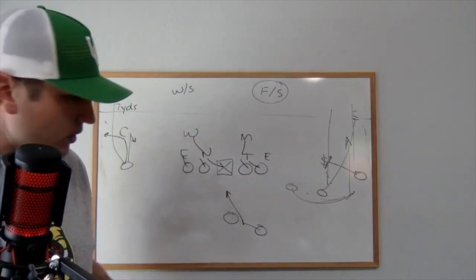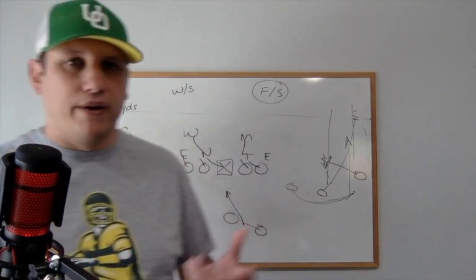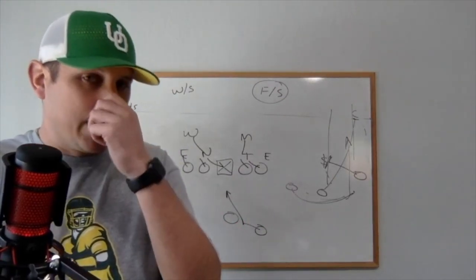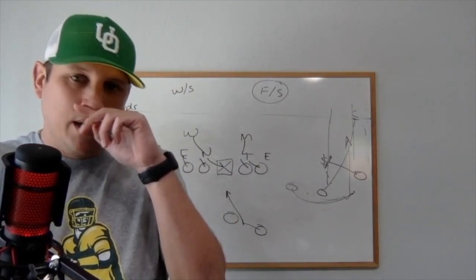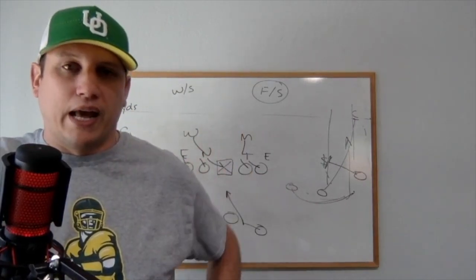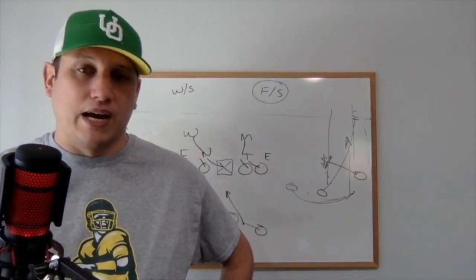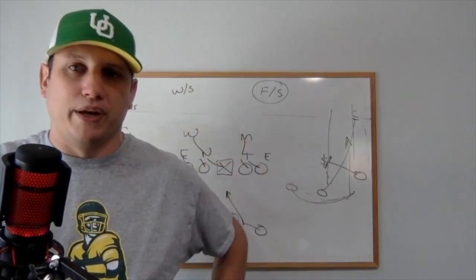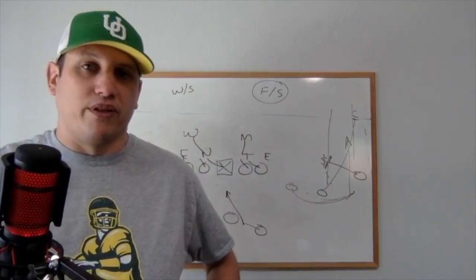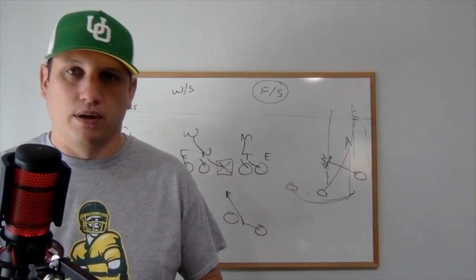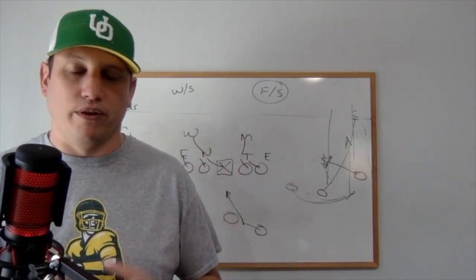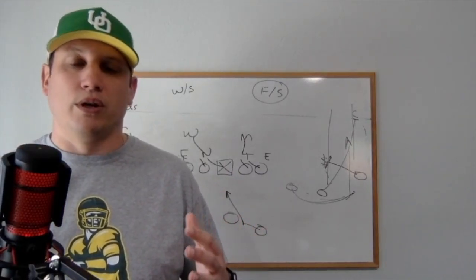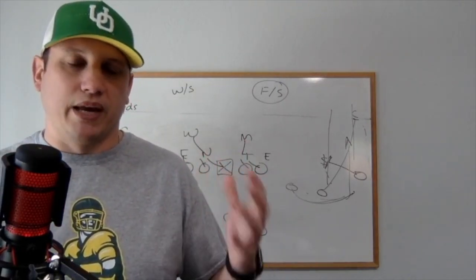Okay, so just some very simple examples of these pre-snap RPOs. If you watch that game last week, Alabama-Notre Dame, and you really take a look at Alabama's offense, I think you'll be surprised as I was when I saw how many pre-snap RPOs that they implemented and that they ran. I mean, with an offense like Alabama, the guys that they have on the field, the weapons that they've got on the field, and the coaching staff that they have, you would think that they're doing super tricky, complicated stuff.